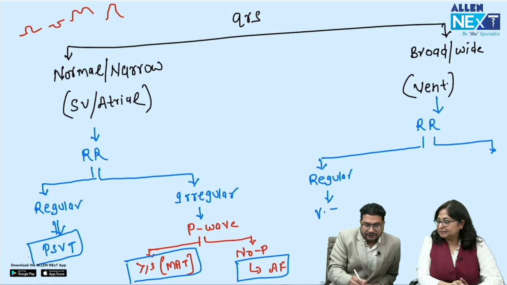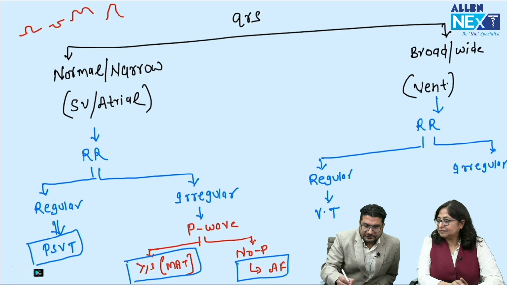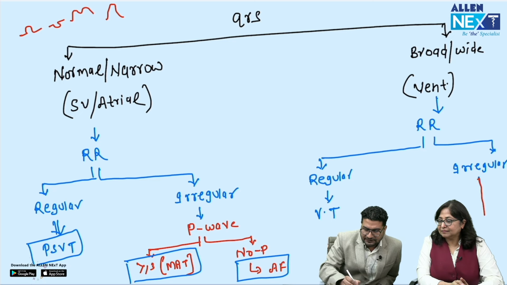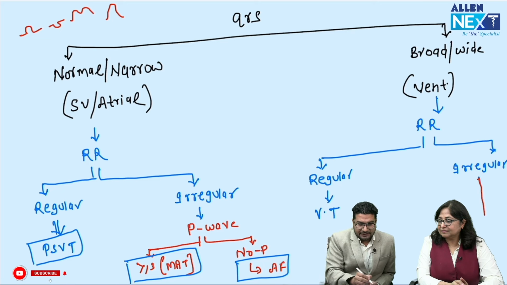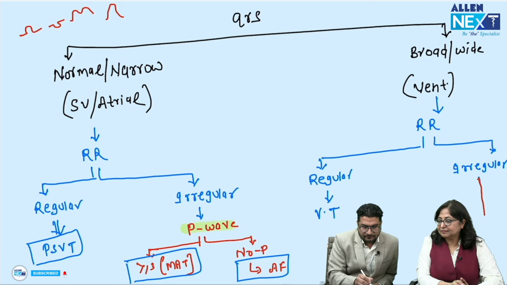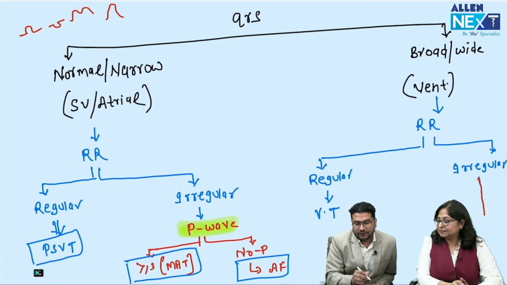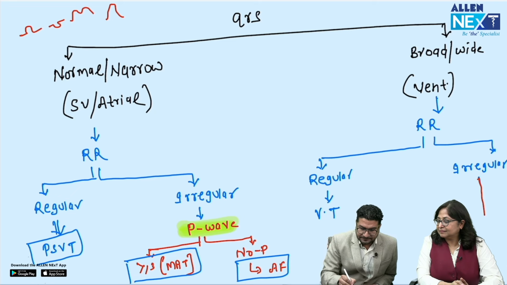This will be ventricular tachycardia. If it is irregular, in that case, now see, here we are checking for QRS because it's about ventricles.